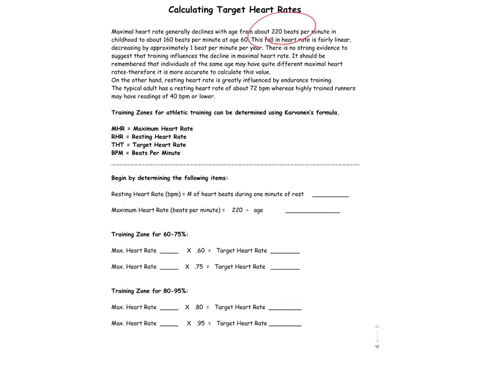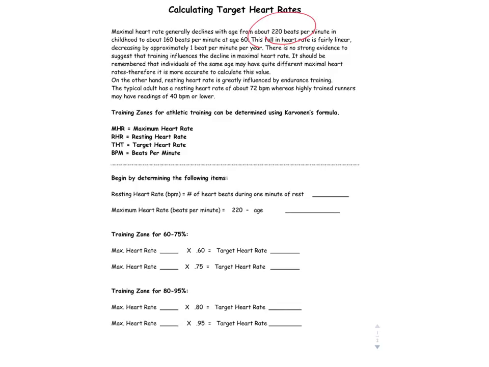So that's a number that is pretty relevant here. It says the fall in heart rate is linear, decreasing approximately 1 beat per minute per year. And at the bottom, it's saying that the average adult resting heart rate is about 72 beats per minute, whereas highly trained runners can be as low as 40 beats per minute.